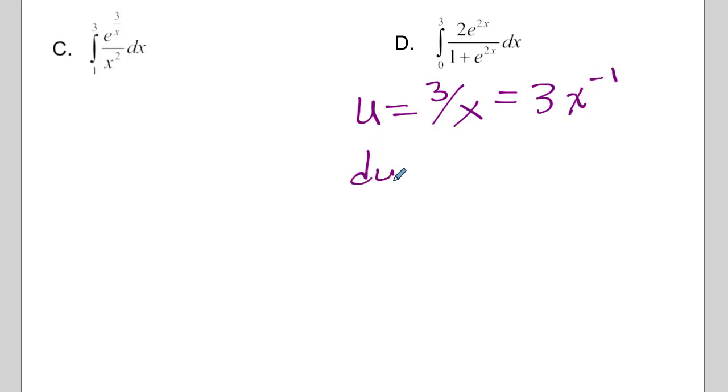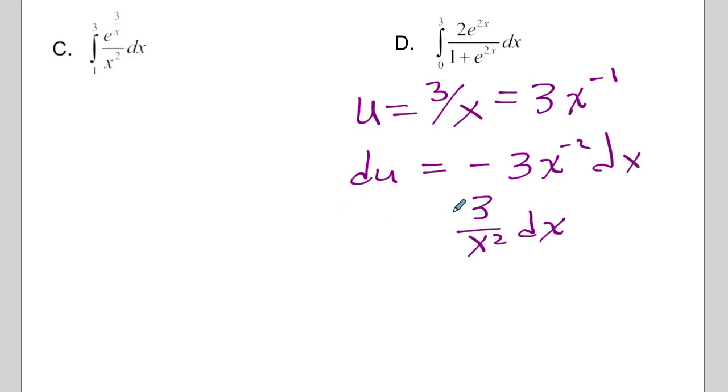So du is minus 3 times x to the negative 2 dx. Okay, or another way to write that is negative 3 over x squared dx is equal to du.